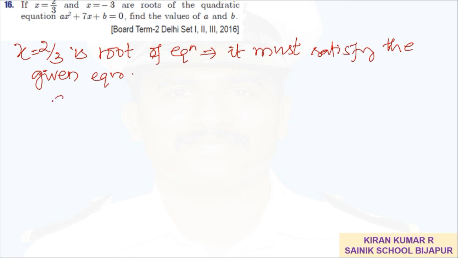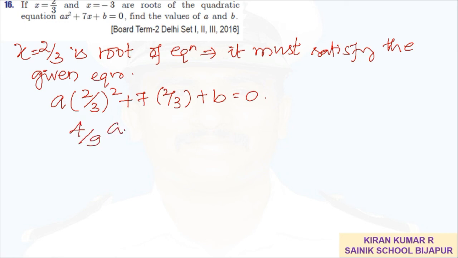Therefore, wherever x is there, let me replace it with 2 by 3. Let's simplify this. It becomes 4 by 9 times a plus 14 upon 3 plus b equal to 0. This can be transposed to the other side, or else you can multiply with the LCM.